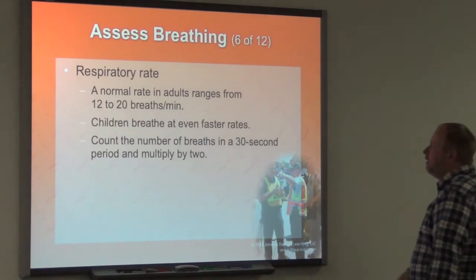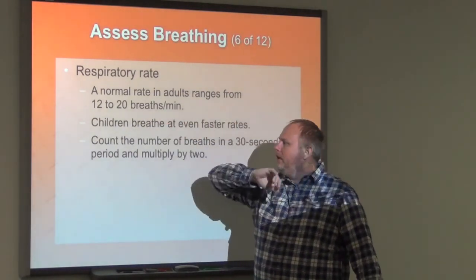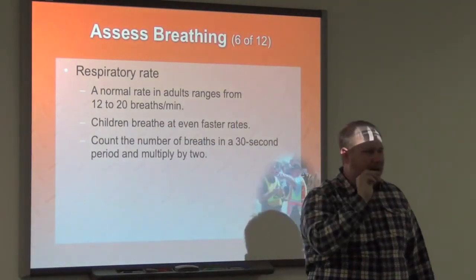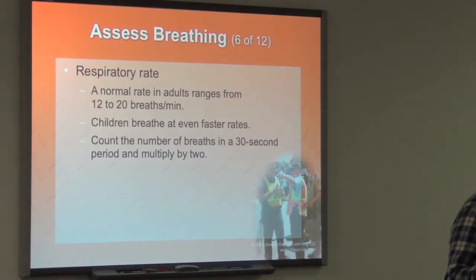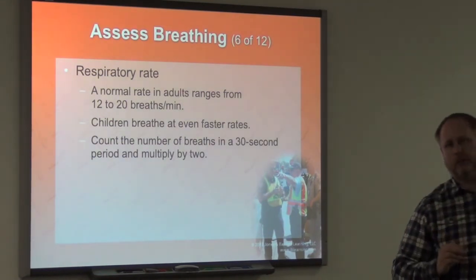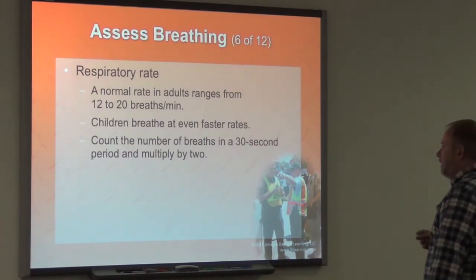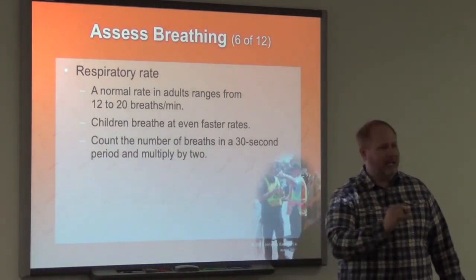A normal rate in an adult ranges from 12 to 20, but let me tell you, normal and adequate are not the same. Can you have adequate respirations breathing 8 times a minute? Yes, you can. Can you have adequate respirations breathing 26 times a minute? Yes, you can. It's all depending on the situation, though. So you've got to look at the situation and be able to tell, is it adequate or inadequate?